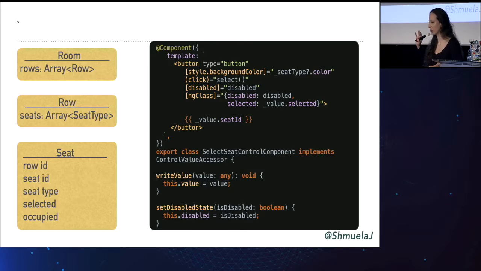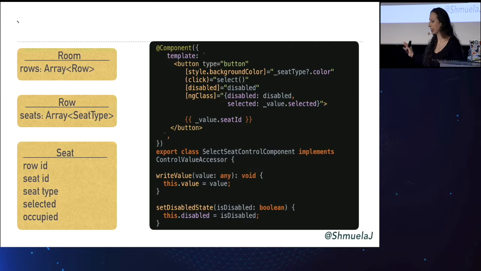So you can see that we implement the control value accessor to have the methods that the form needs to talk to this component as a form control. And some of these methods are write value, which is called whenever the value changes, whenever the user puts their input, or whenever we set the value programmatically.